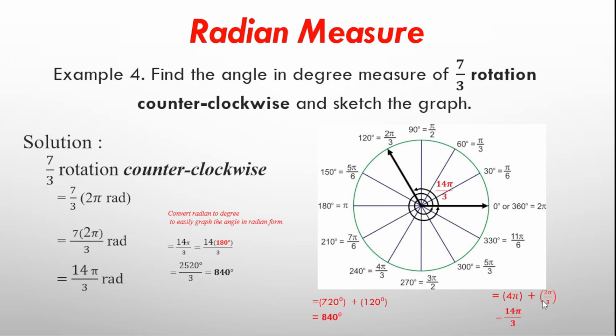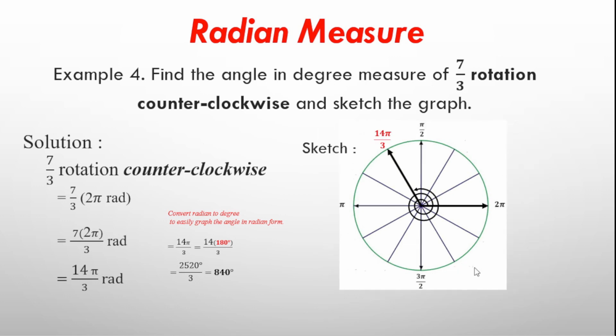So in radian, 120 degrees corresponds to 2 pi over 3. This 2 pi over 3 will be added to 4 pi to make it 14 pi over 3. So the graph now of the rotation 7/3 counterclockwise goes like this. So this is now the sketch of the rotation.